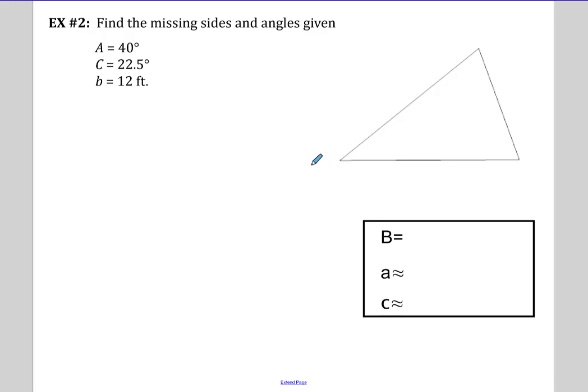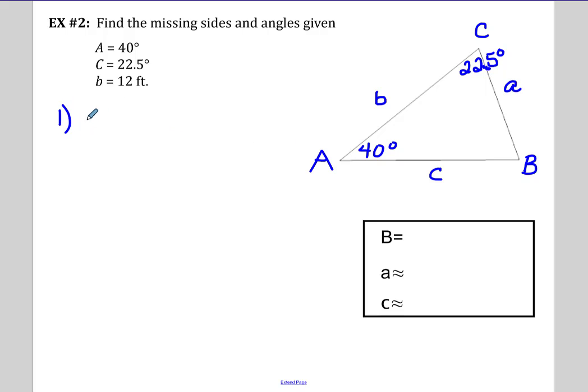So starting with A, lowercase b, capital C, lowercase a, capital B, lowercase c, we know angle C is 22.5 degrees. We know angle A is 40 degrees.